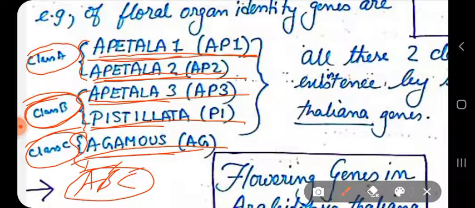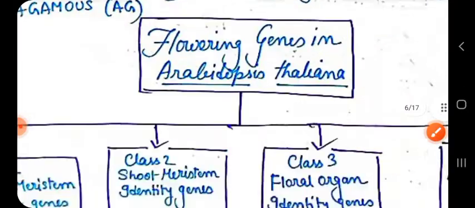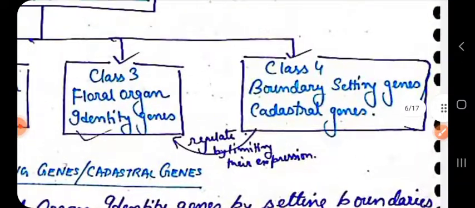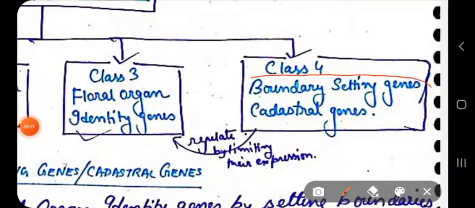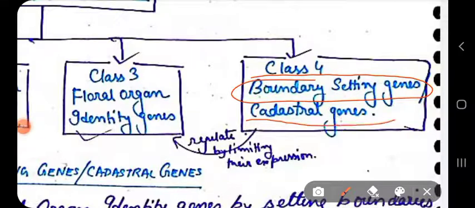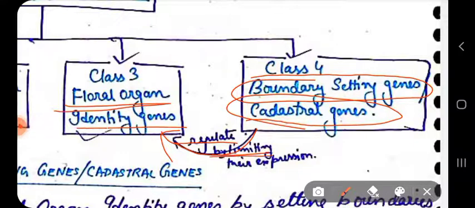Okay, the last class is your boundary setting genes, also called cadastral genes. Well, this class 4 genes, as I have written here, regulate the expression of these class 3 floral organ identity genes by limiting their expression.